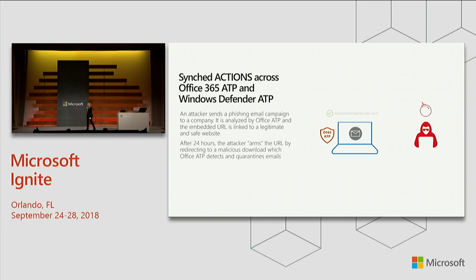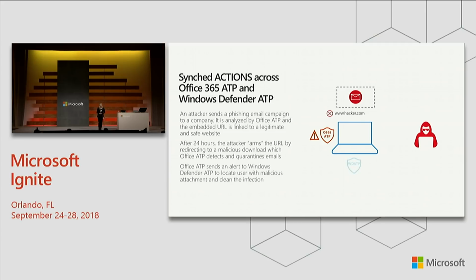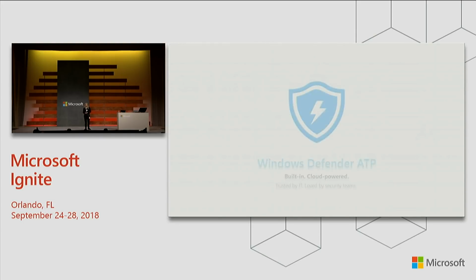But then after a while, the attacker actually arms the URL by redirecting it to hackers.com. So Office 365 ATP will now send an alert to Windows Defender ATP to ensure that where the email lands on the endpoint, nothing happened on the endpoint, and to clean up if something happened. So those are the kind of integrations that we are looking at.